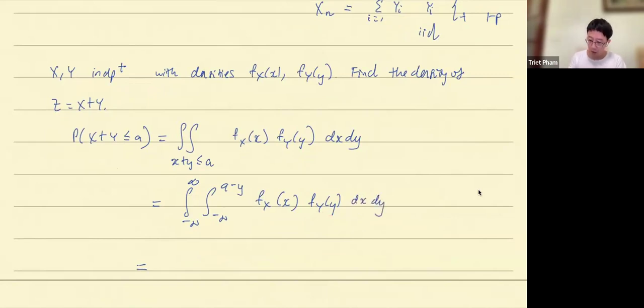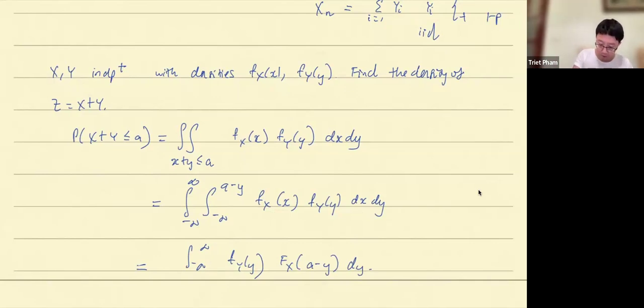Y here is a constant, right? So you factor it out. And if you integrate the x, it's just the CDF of x, evaluated at a minus y. And so that's it.